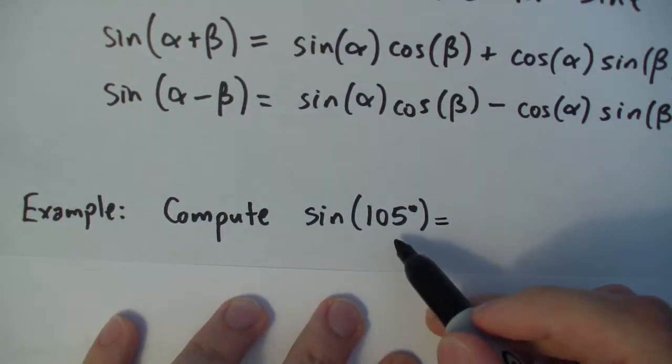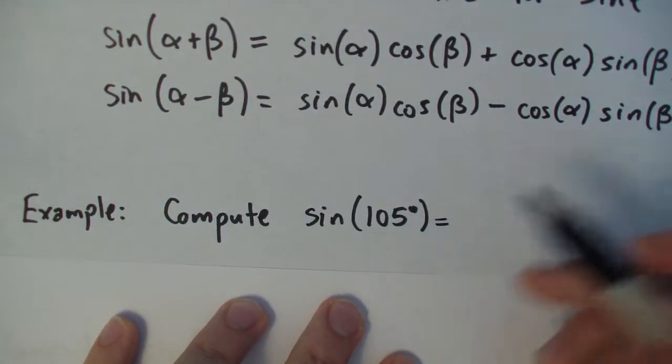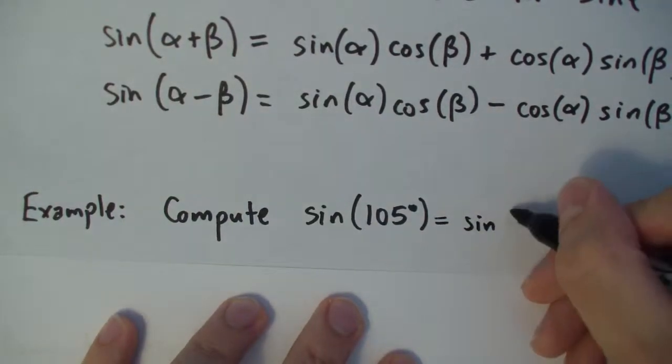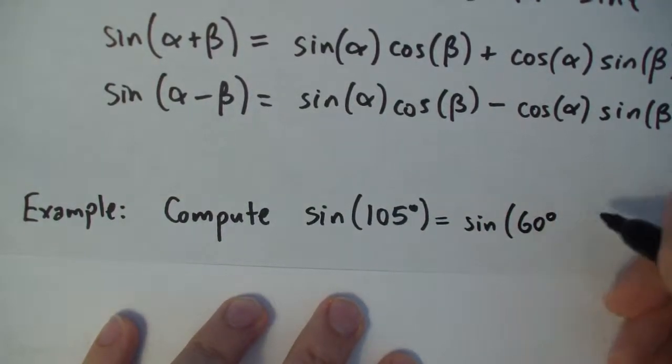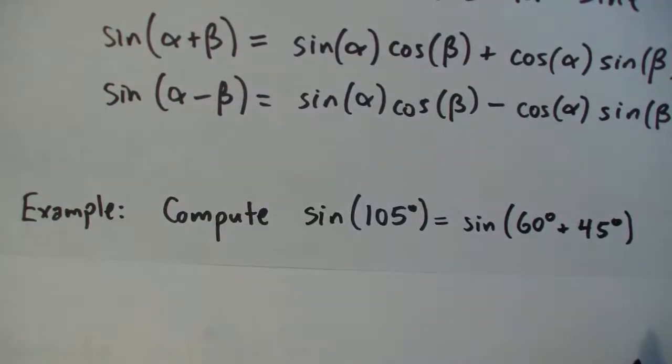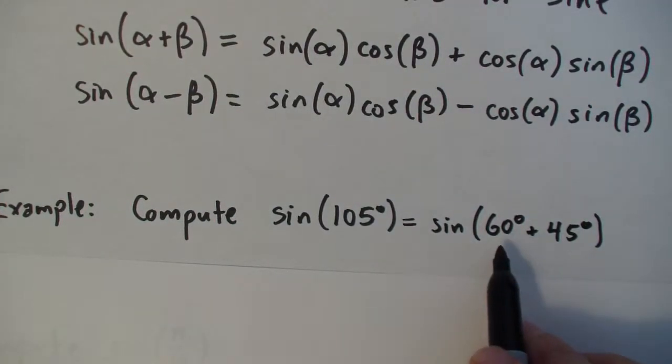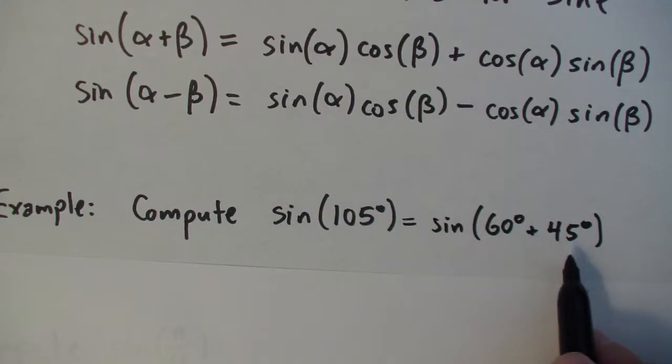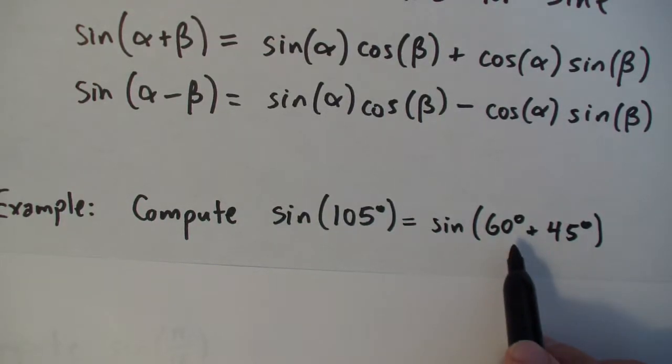So in this case, just notice that 105 degrees is the same as 60 degrees plus 45 degrees. 60 and 45 are nice angles because we know what their sine and cosine values are.